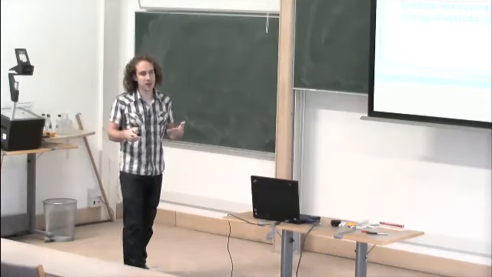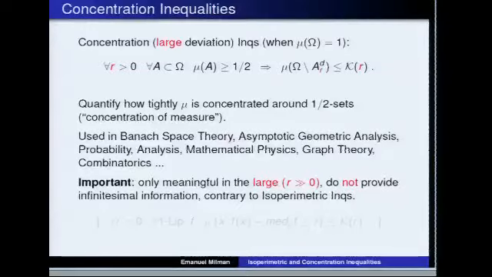How do we see from the definition that they are only meaningful in the large? Well, notice that the left-hand side of this inequality is the measure of the complement of a set having measure at least 1/2. So of course, the left-hand side is smaller or equal to 1/2. But I never required that k of r has to start at 1/2.